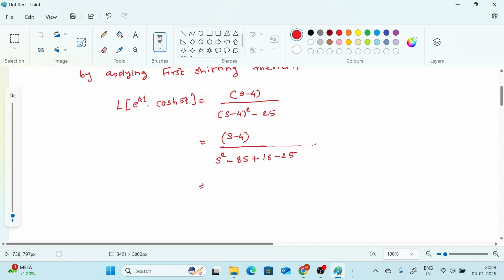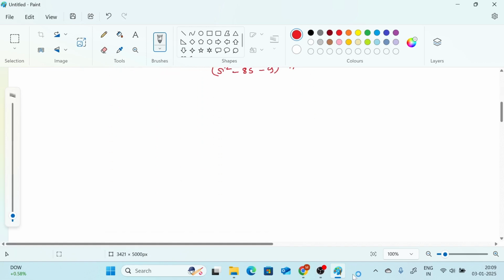For the simplification, what will we get? s minus 4 upon s square minus 8s minus 25 plus 16. It will be minus 9, right? So that's it. This is the answer for Laplace of e raised to 4t into cos of hyperbolic 5t. Now we are going to the next example.